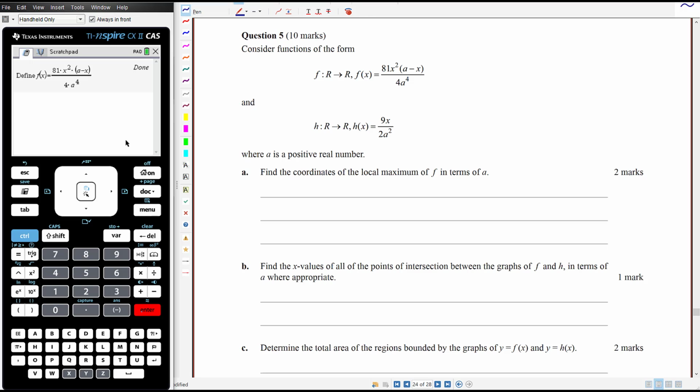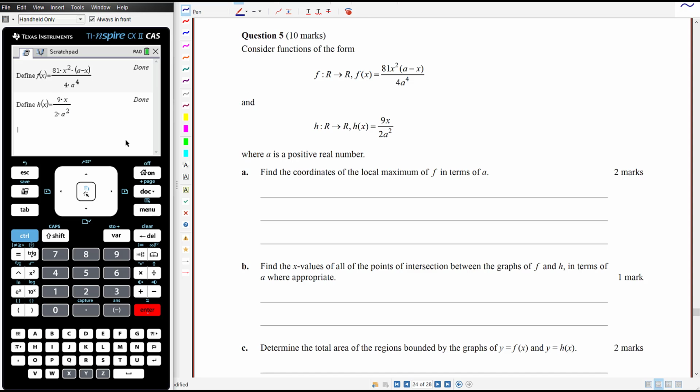Okay, so that's f. Let's also define h. h of x is equal to 9x on 2a squared.